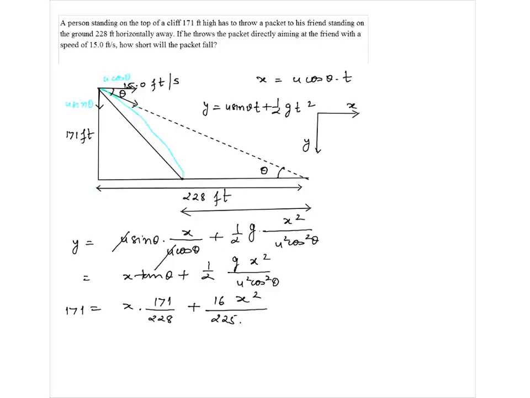Cos theta is 228 divided by root of 228 square plus 171 square. Well, looks like a time-consuming calculation. Any questions?